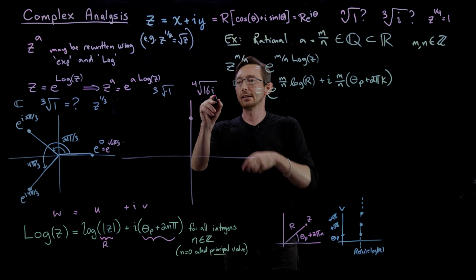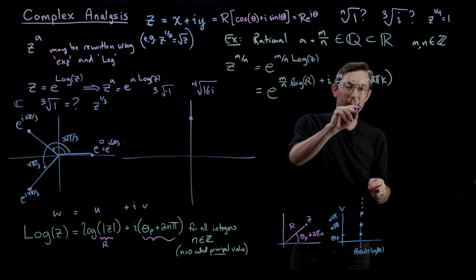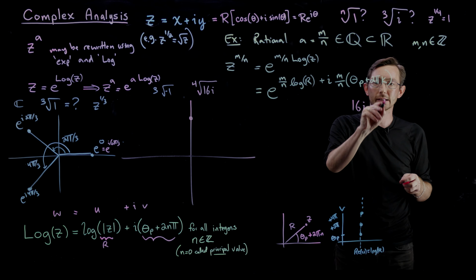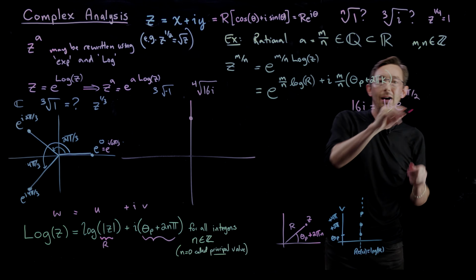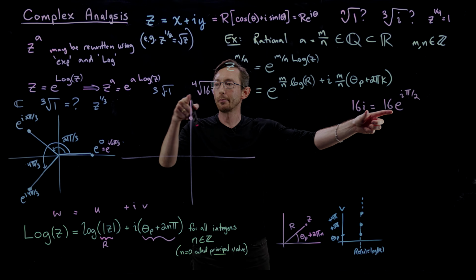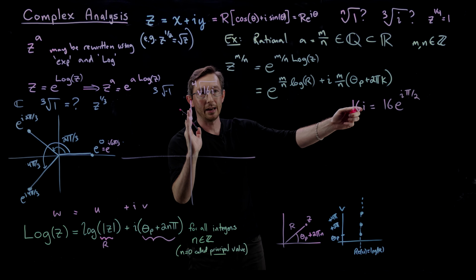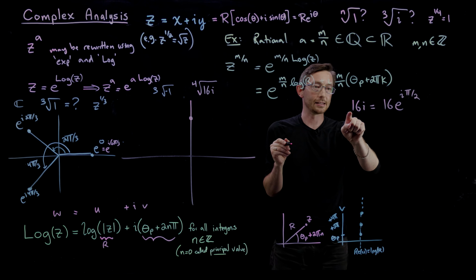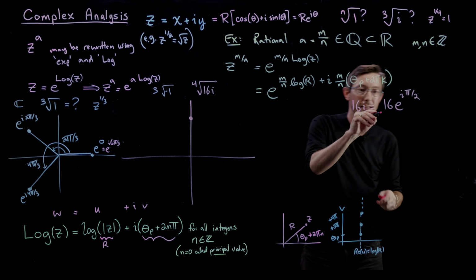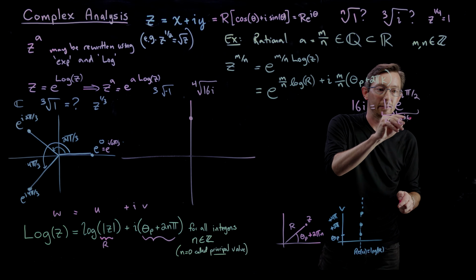So in this case, well, let's write 16i is equal to 16 e to the i pi halves, okay? So the number i is just e to the i pi halves, because it's at the pi halves angle. And 16i has a radius of 16. So this is the radius, and this is e to the i theta principal.